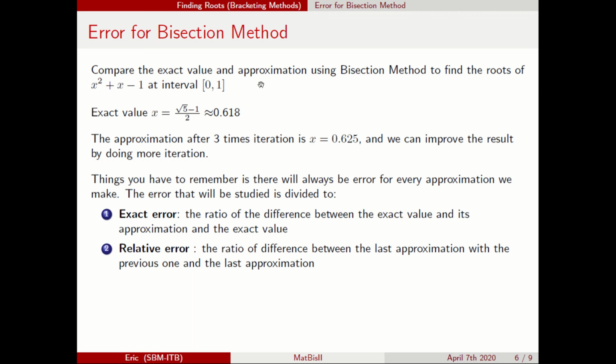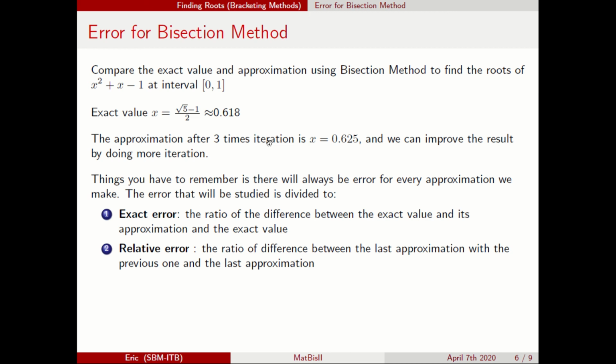Compare the exact value and the approximation using the bisection method to find the root of x squared plus x minus 1 at interval 0, 1. The exact value, if you use the ABC formula, x should be square root of 5 minus 1 divided by 2, so it is approximately 0.618.